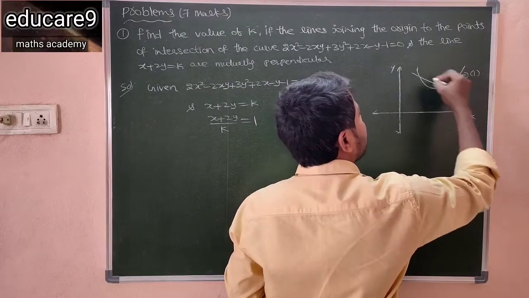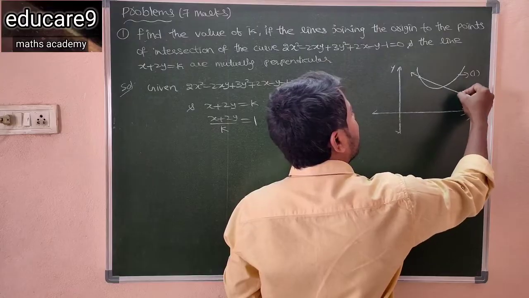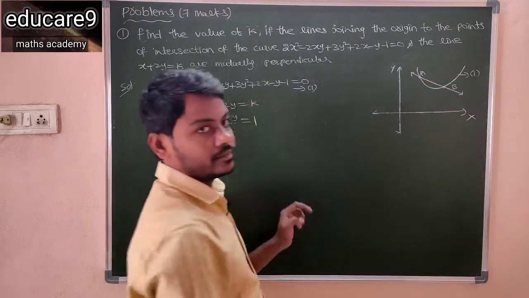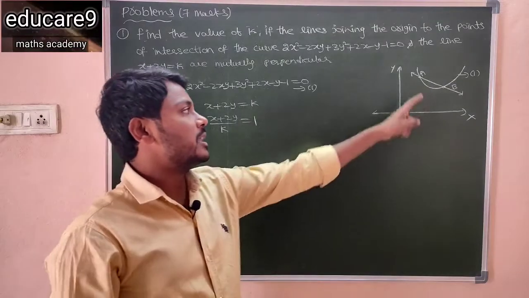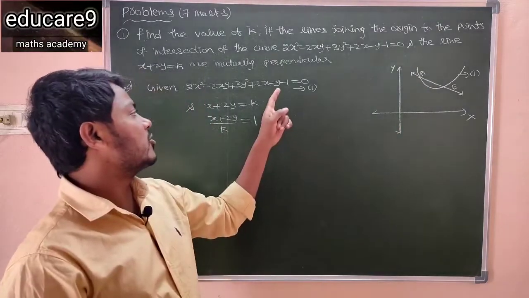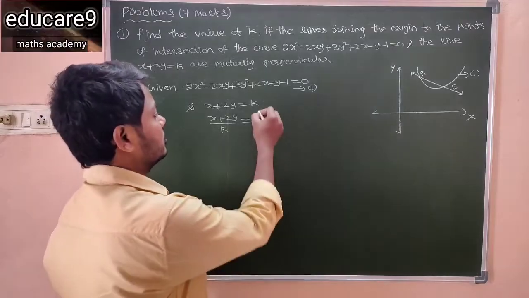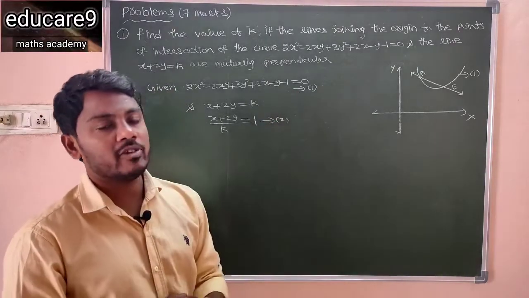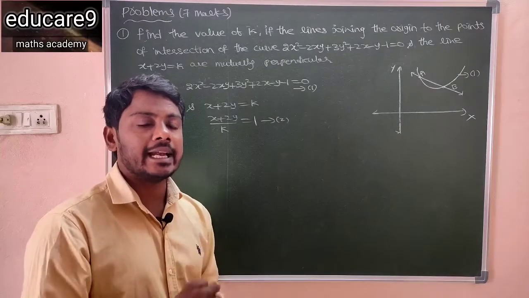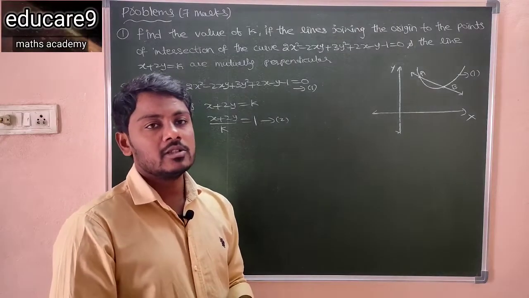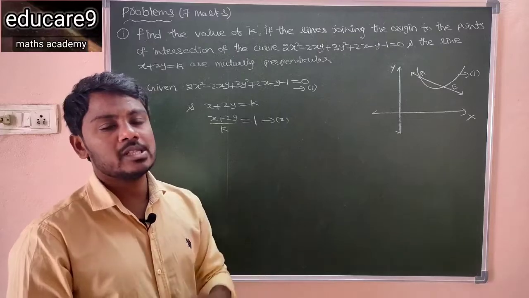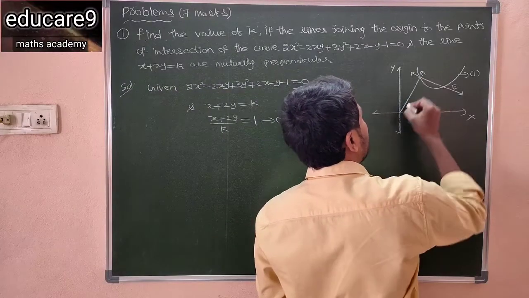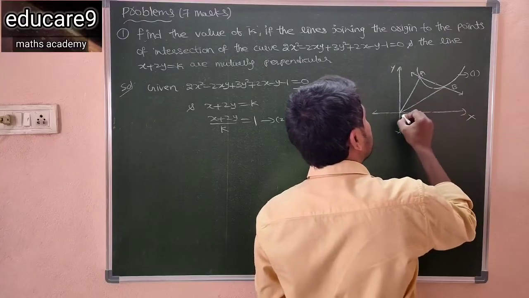Now the points of intersection of the curve and the given line: suppose this is A and this is B. These A and B are the points of intersection of the curve and line 2. Homogenizing equation 1 with the help of equation 2, you will get a second degree homogeneous equation. That represents two straight lines, clearly passing through the origin. One is OA and another one is OB.